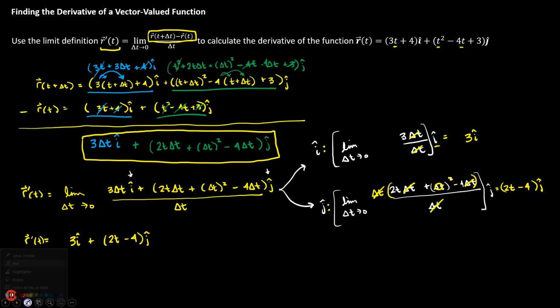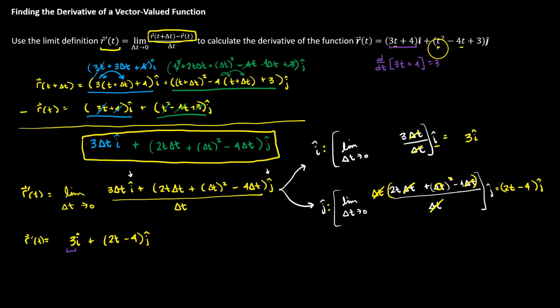Now before we move on, let's take a moment here to look at something quite interesting. Our original function r of t, in the i component, we had 3t plus 4. And when we took the derivative, we got 3. Now if we had just taken the derivative of 3t plus 4, we would have gotten that 3.